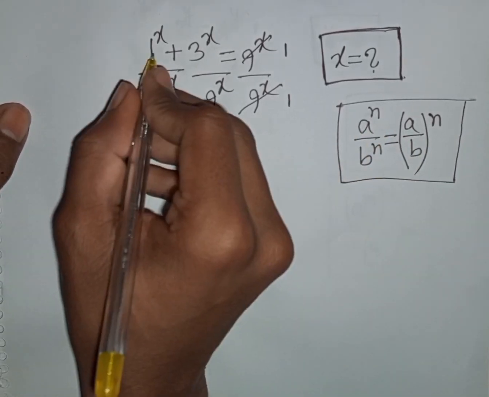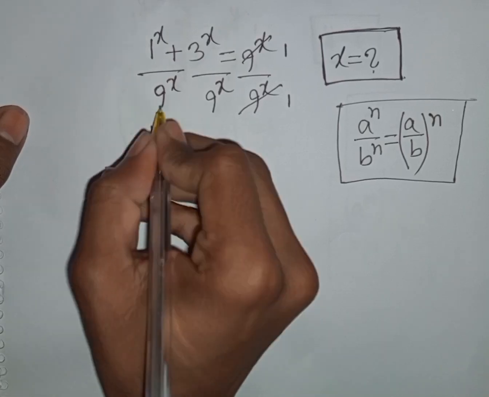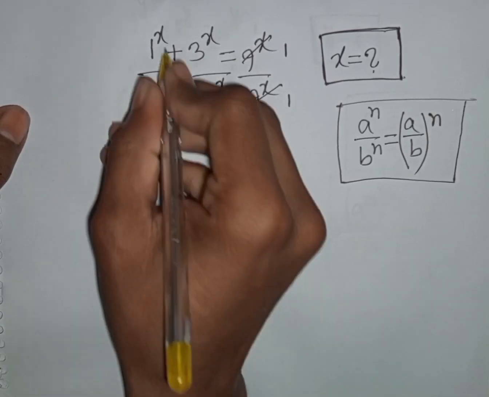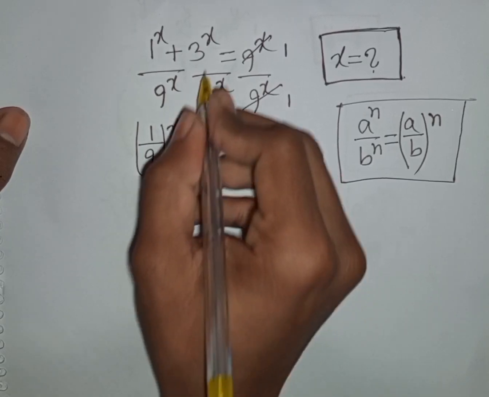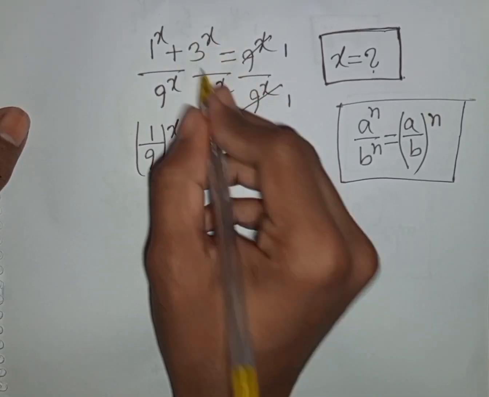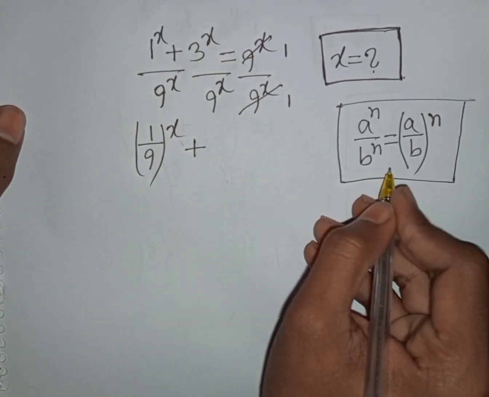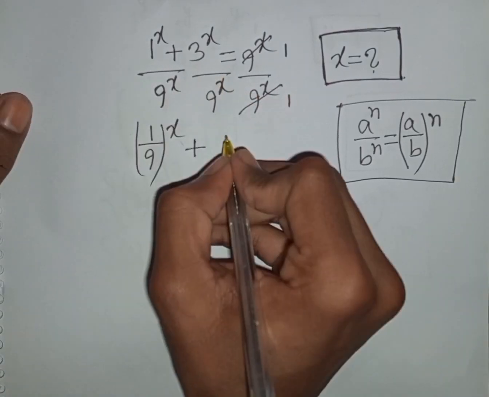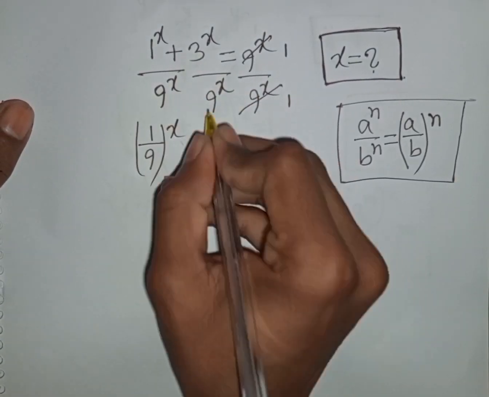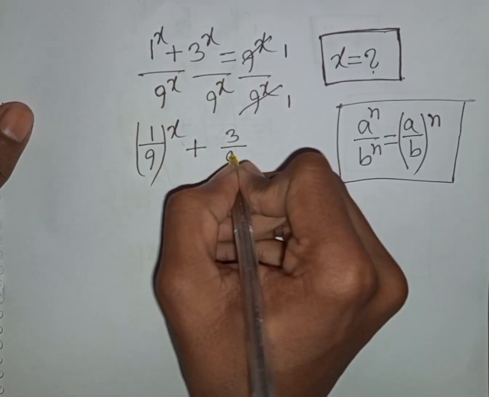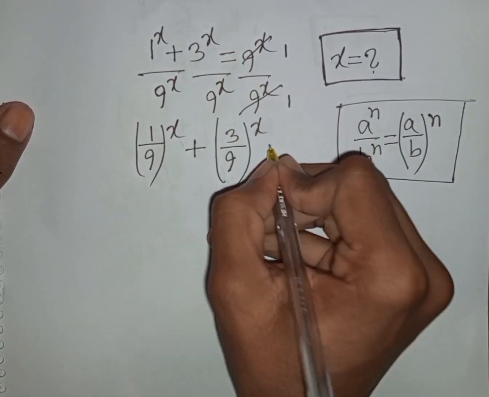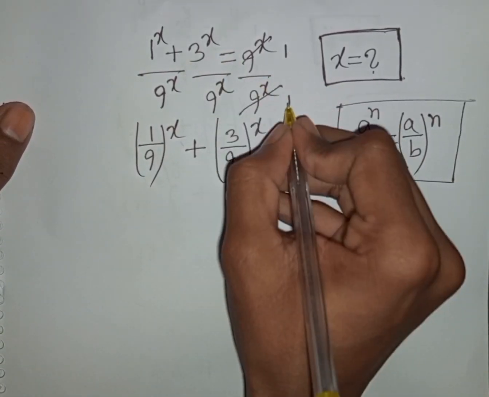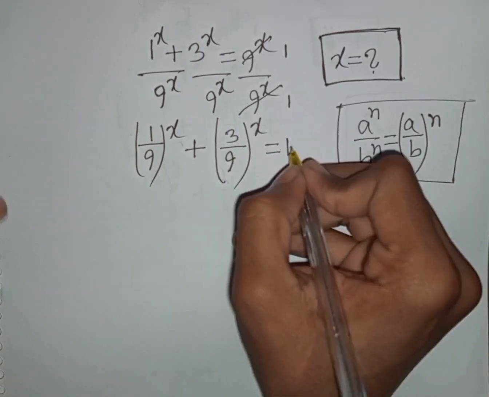So you can write here (1 over 9)^x plus, again x is the same power but different base, so according to this exponential rule we can write (3 over 9)^x is equal to 1 divided by 1, that means it will be 1.